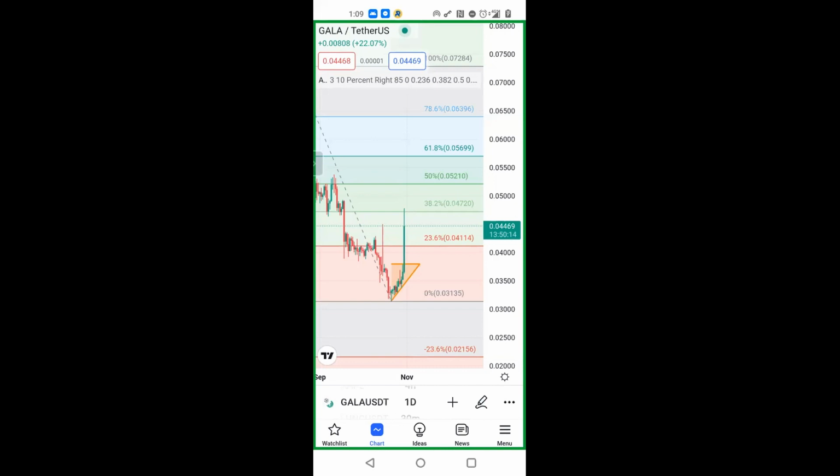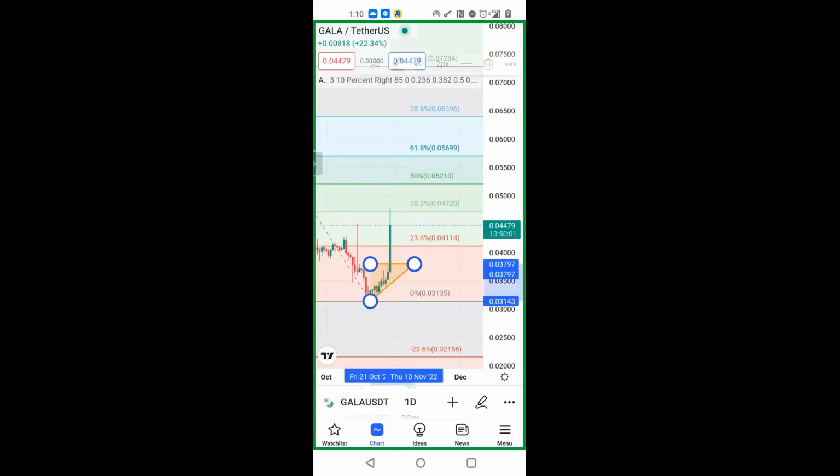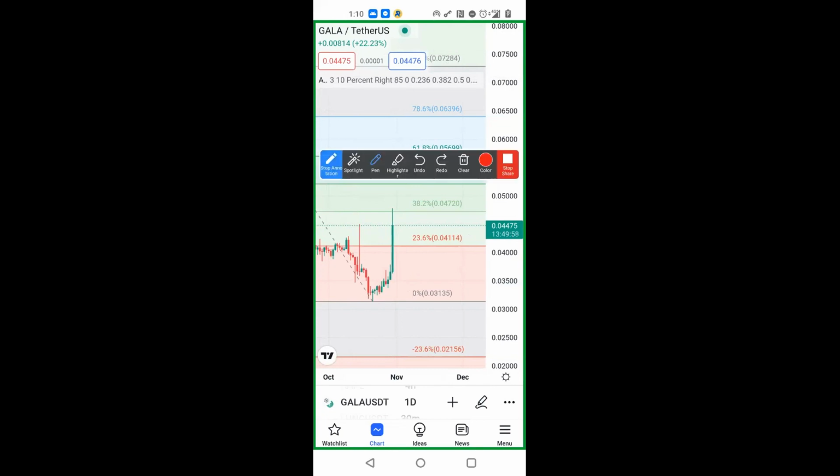But before I show you those important areas, I want you also to know that these lines act as support and resistance. If the market breaks, for example, the market moves from here, you see it very well from here. The market is fighting to break line 23 to go up. So if I know it, let me just show you.